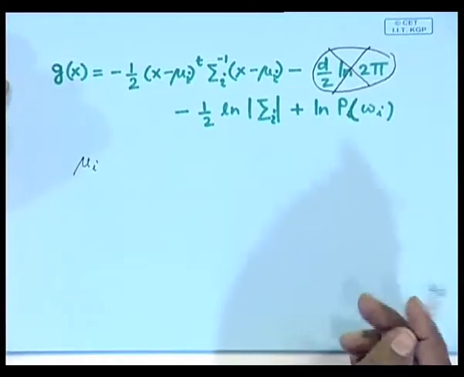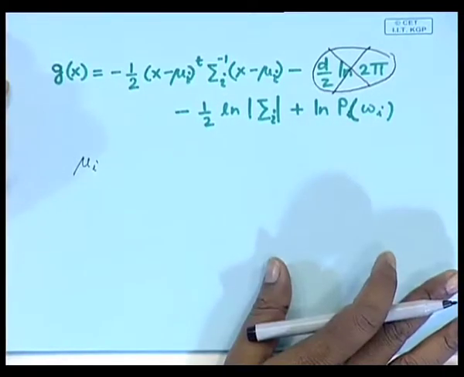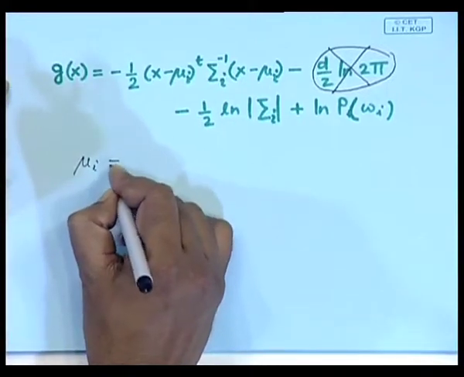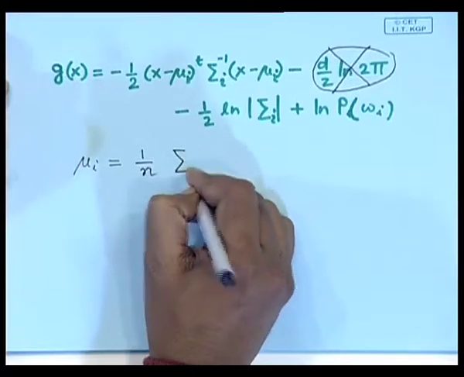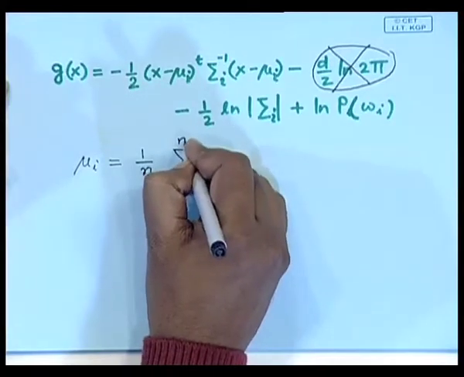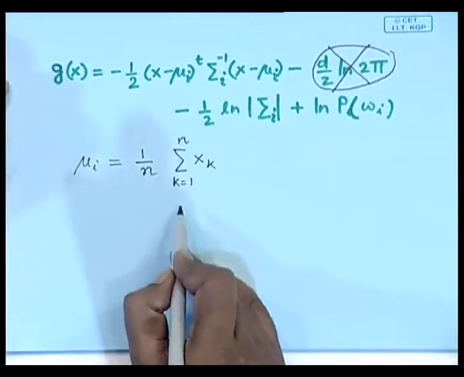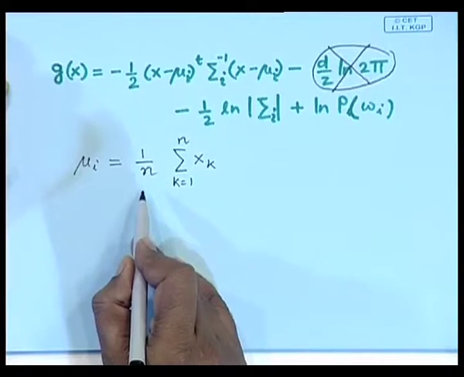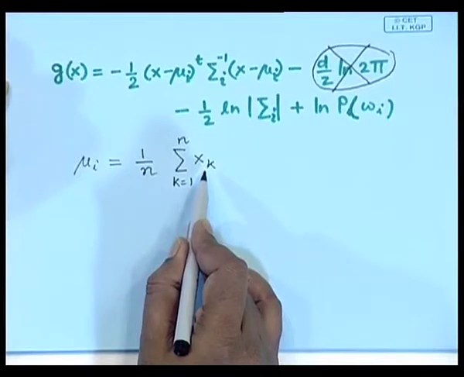Now, when I try to compute the value of mu i, assume that I have n training samples belonging to class omega i. Then mu i is nothing but 1 upon n summation of x k, where k varies from 1 to n. So, I have to perform n summations followed by 1 division, and this x k is a feature vector of dimension d.